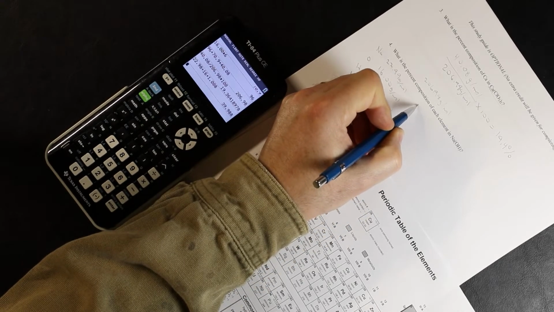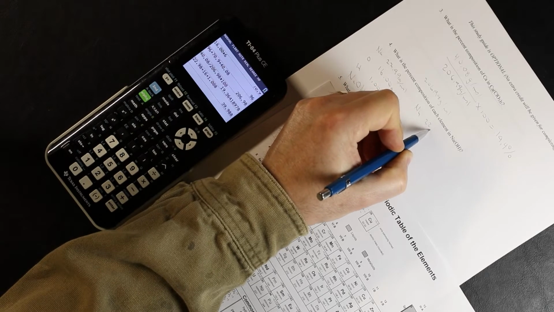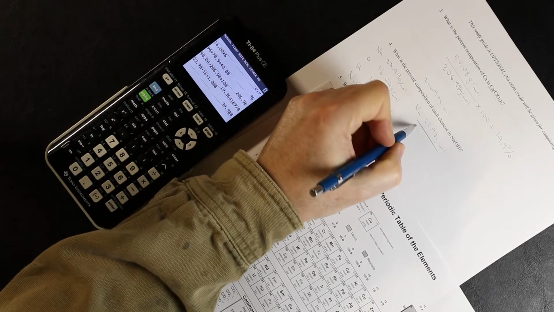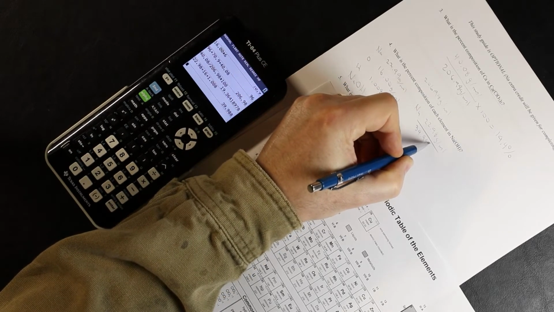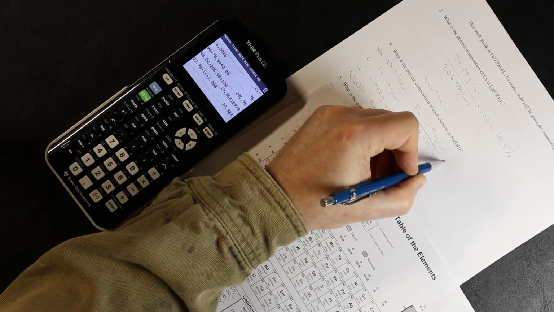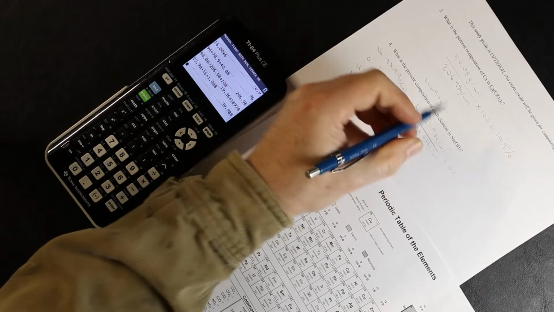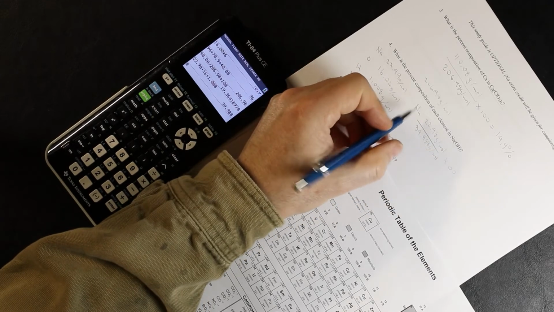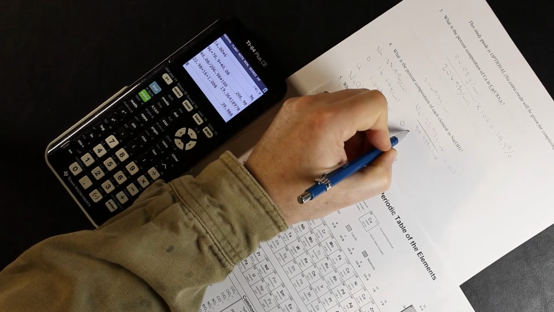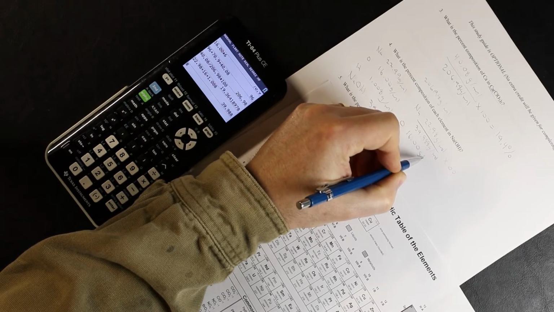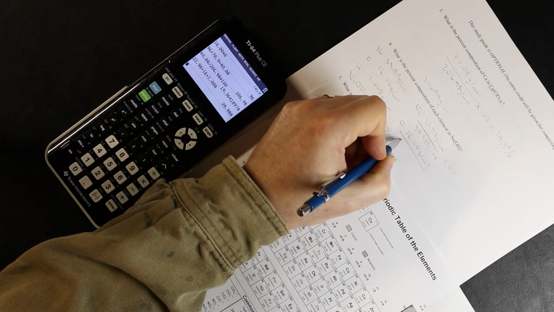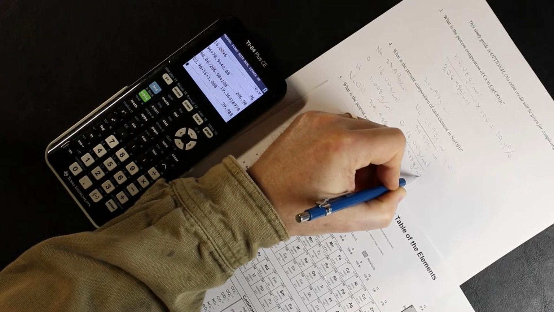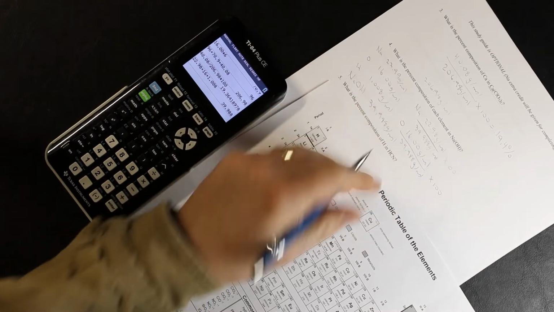So to find each of these, I take the part over the whole times 100. So for sodium, we have 22.98 grams per mole over 39.988 grams per mole times 100. Make sure that says mole. For oxygen, I have 16 grams per mole over 39.988 grams per mole times 100.